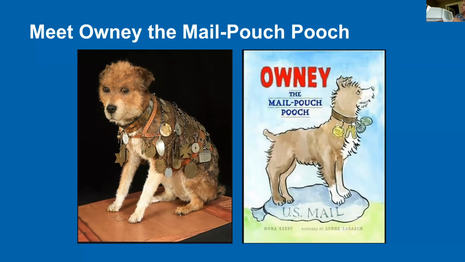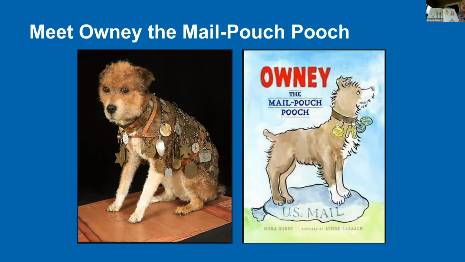So this is Owney, and he's wandering around the streets of Albany, New York, and it's very cold and rainy. He's looking for some place to sleep, and he gets into the post office. The next morning when the mailmen show up, he is sleeping on the mailbag. So they adopt Owney.